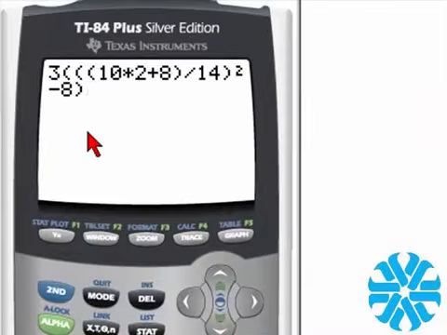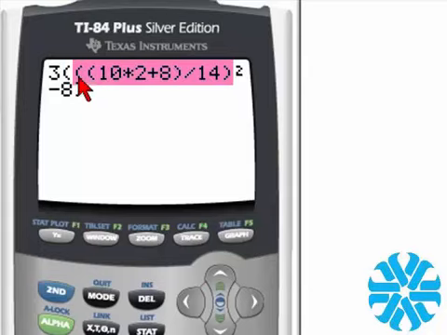Here we have a nested grouping symbol, and you can see the innermost grouping symbol right here. So this quantity 10 times 2 added to 8, and then we have another grouping symbol here, so that answer is going to be squared, and then finally that answer subtracted by 8 is going to be multiplied by 3.